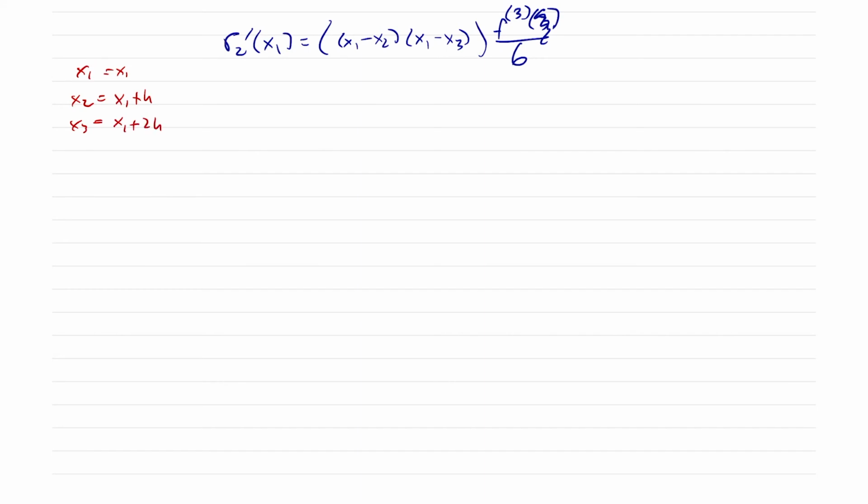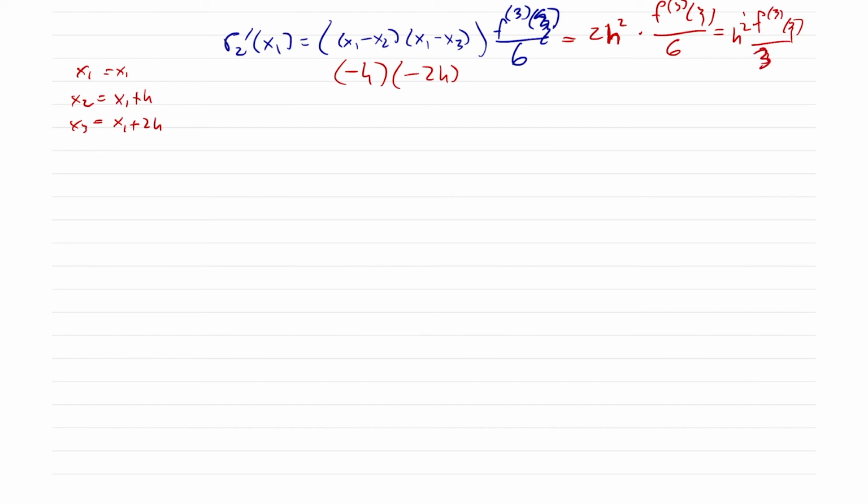So when I plug in everything in here, what are we going to get? Well, x1 minus x2 was minus h, and x1 minus x3 is minus 2h. So ultimately what we have is 2 times h squared times the third derivative at xc divided by 6. And so this gives me h squared f triple prime xc divided by 3.